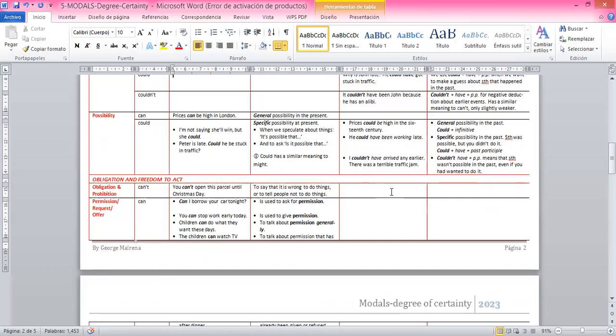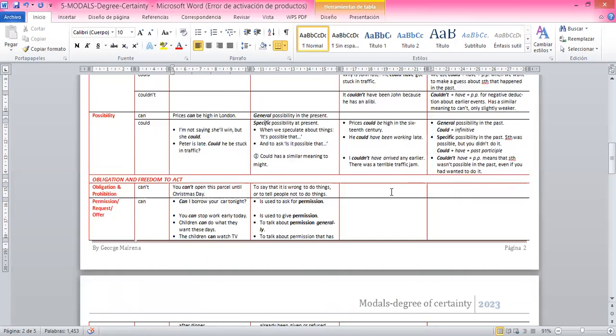For example, when you have an ability, you can say, I can drive. Even in Spanish it can be translated like, yo puedo manejar o conducir, o yo sé manejar o conducir, because it's an ability that you acquired. That is when we talk about capacity.